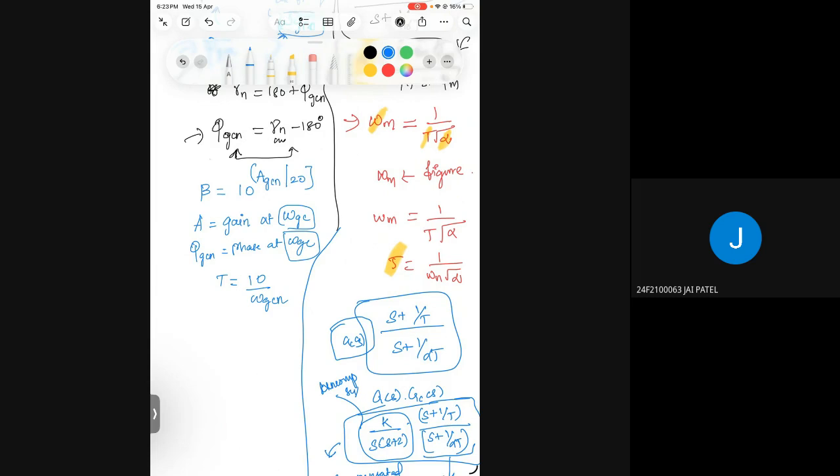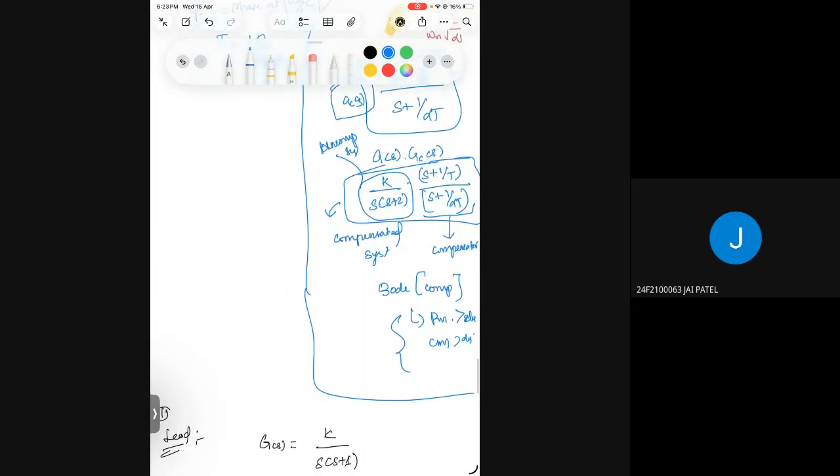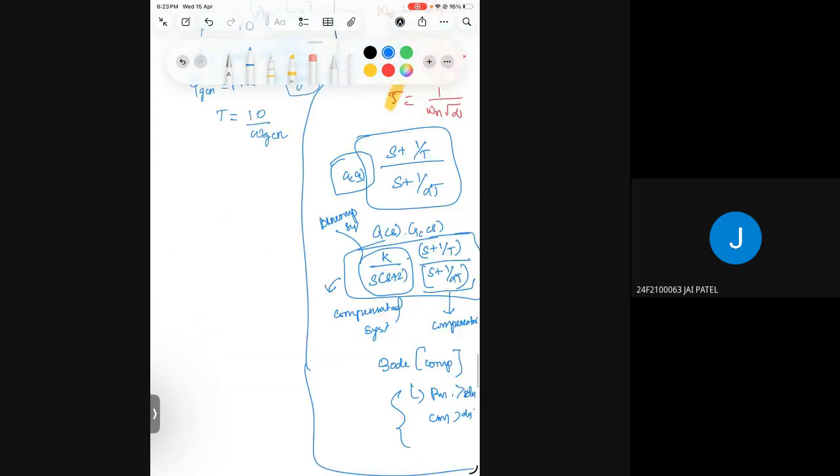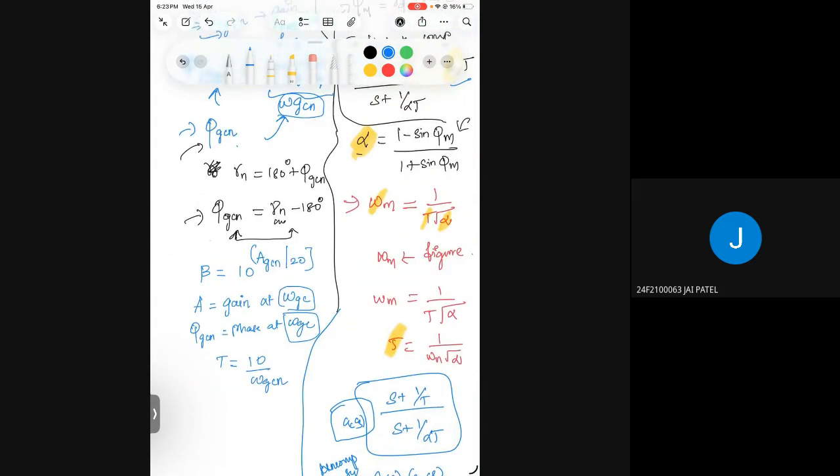Excuse me, ma'am. You told a few seconds ago, gain crossover frequency is at minus 180 degree, or if the magnitude of G of j omega is equal to 1, that frequency should be gain crossover frequency.